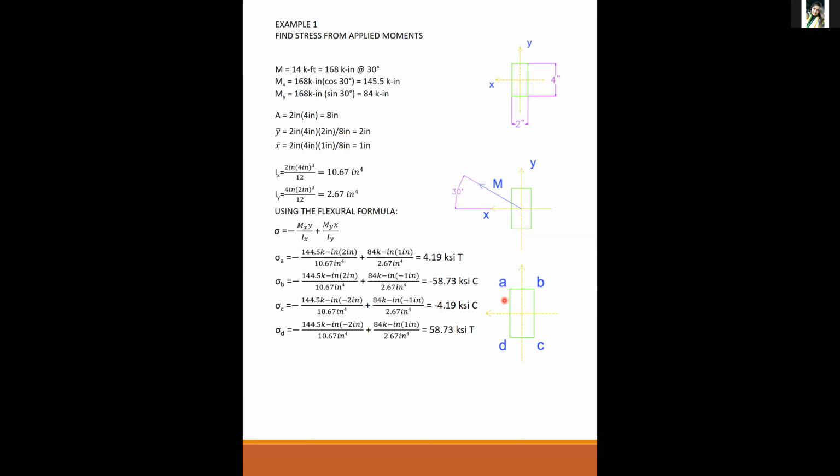Are you multiplying your coefficients on the top, or are you subtracting them? For example, the stress at A, it's 144 minus 2. Because when I look at the formula, it says the moment times y, but you're subtracting for A. Oh, that's Kip inch.